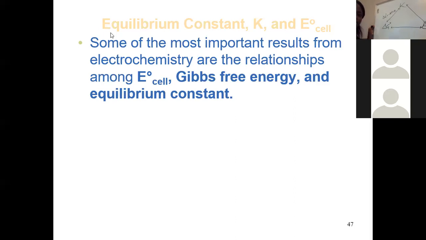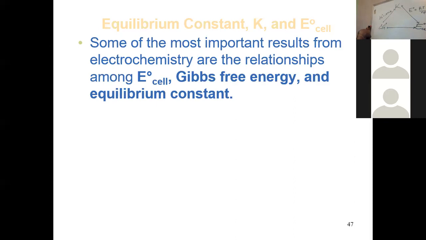And then your E naught cell and your K. E naught cell is equal to RT over NF ln K. That's the relationship between your equilibrium constant and your E naught cell.